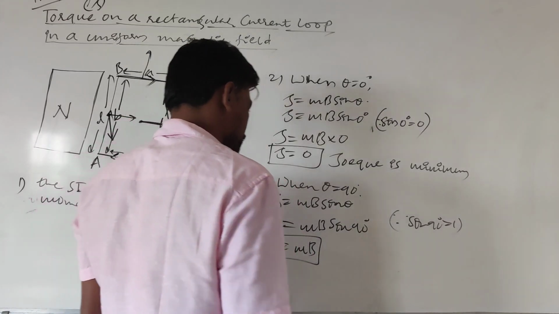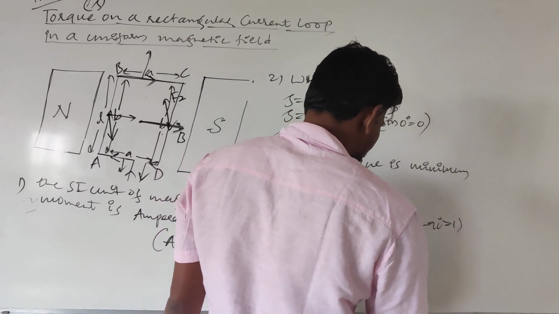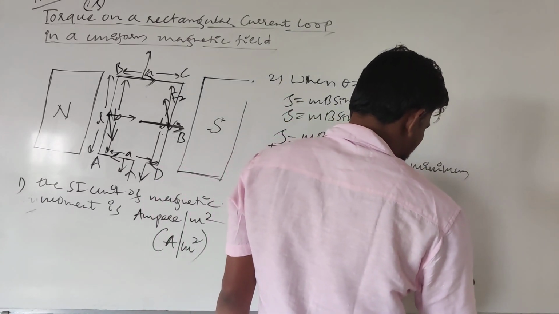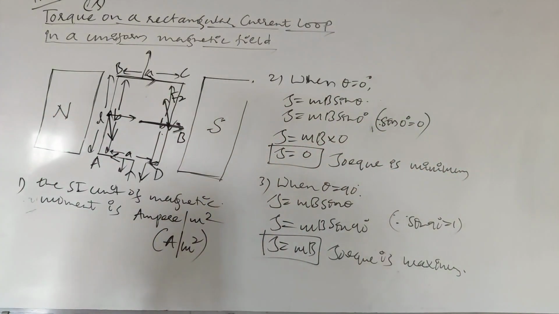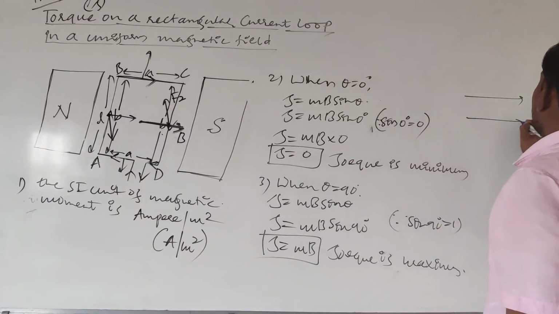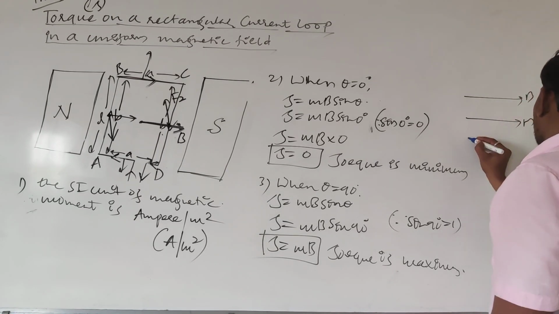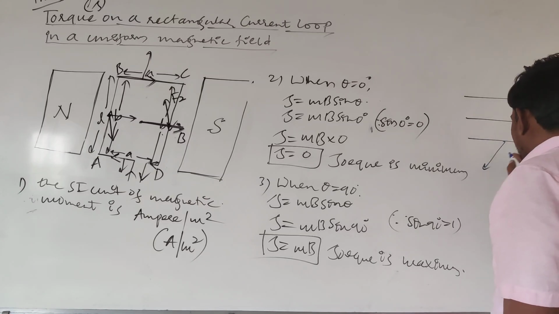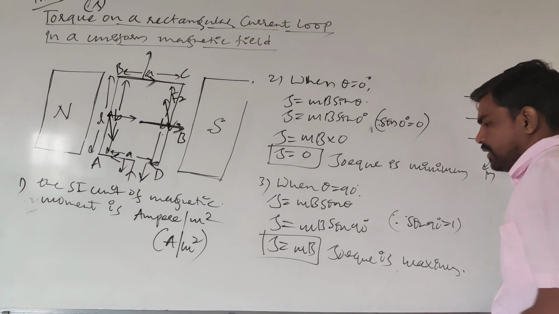So torque is maximum. Here this is B and this is m, and the angle between them is 90 degree.